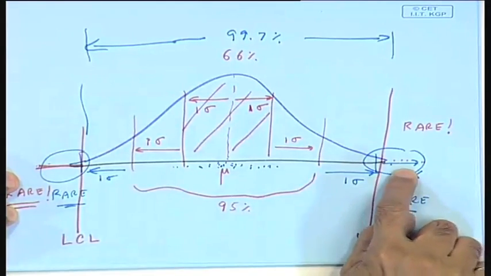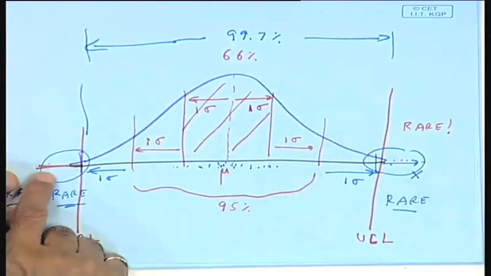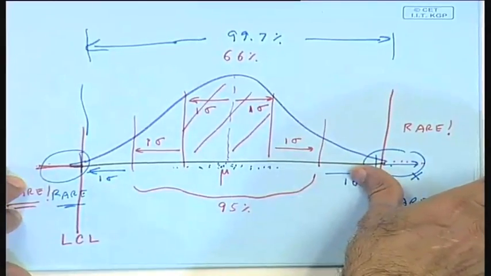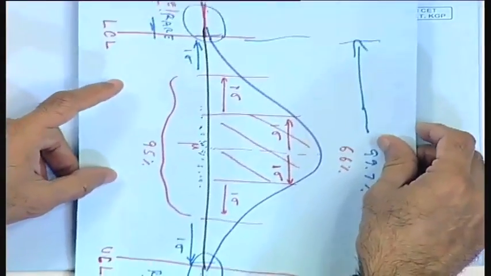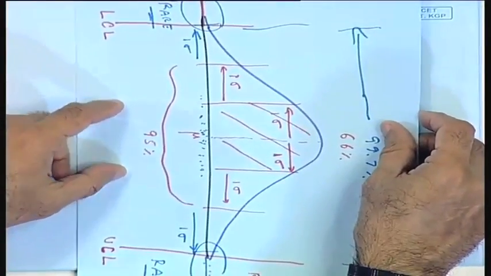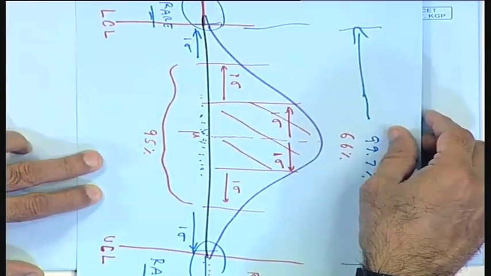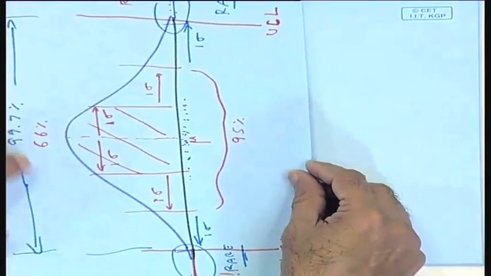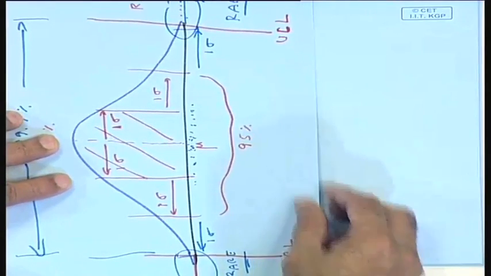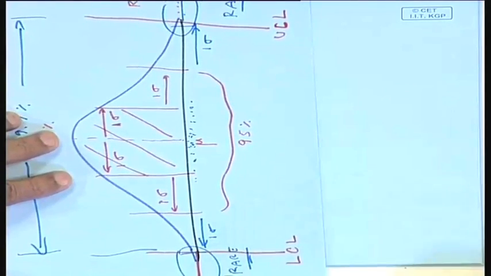But the moment I find 1 or 2 x bar points there, all I have to do to understand this is to turn this sideways. I do it just by putting it like this. Now you can see the upper control limit right there and the lower control limit right there.